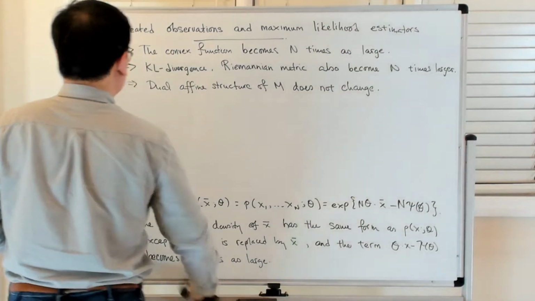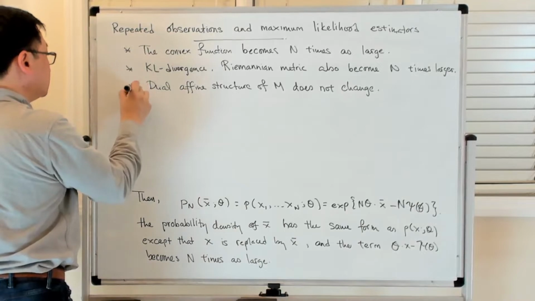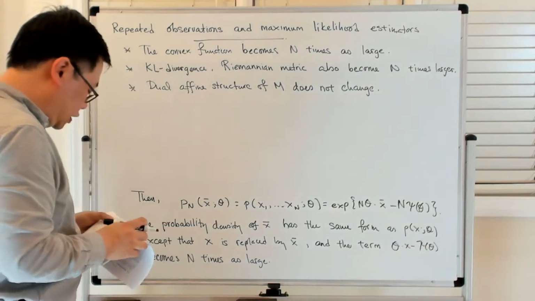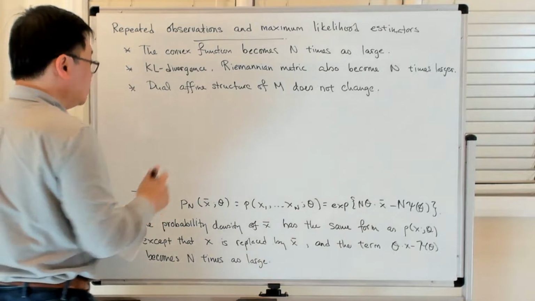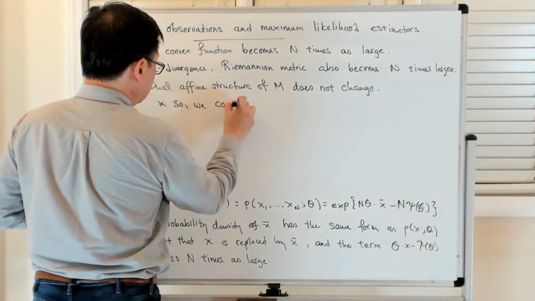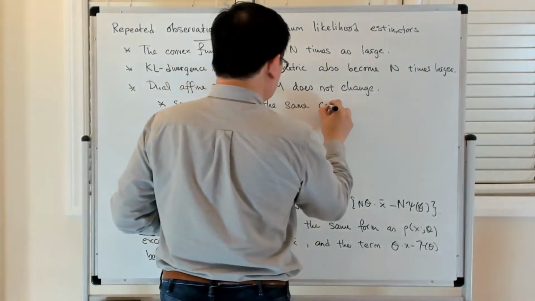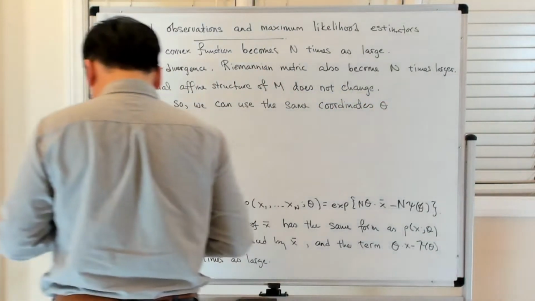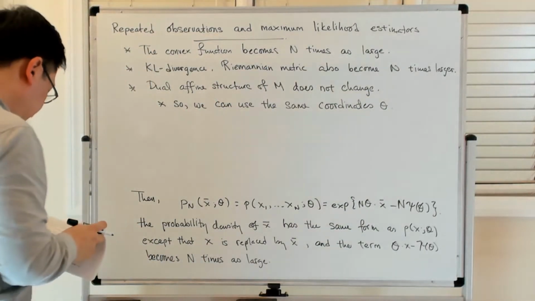Because the dual affine structure doesn't change, you can still use the same coordinates theta, even though you're taking multiple observations for your statistical inference.